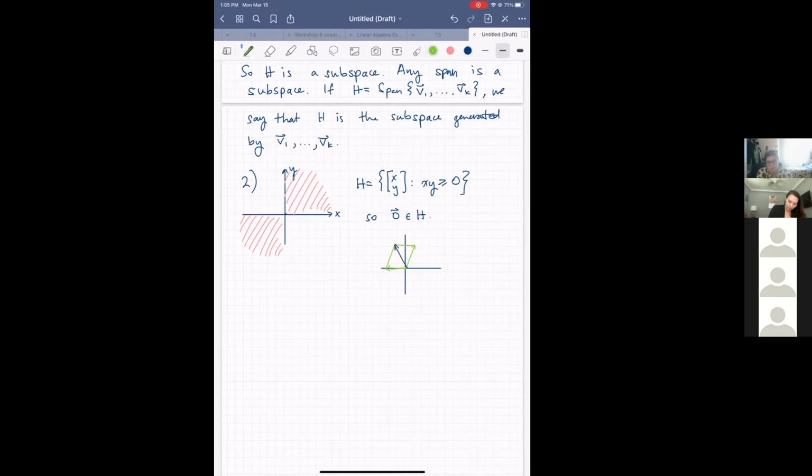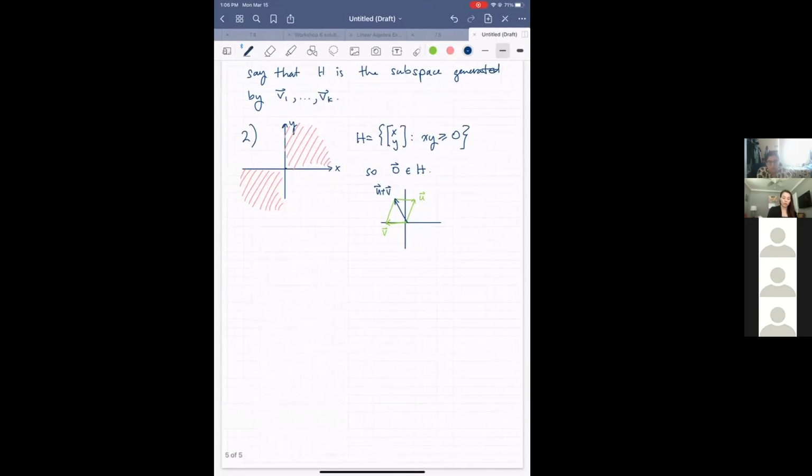I'll label these. This one is u and this one is v. See that u plus v does lie outside of H, right? So that means that H is not closed under addition, and in particular vector addition.